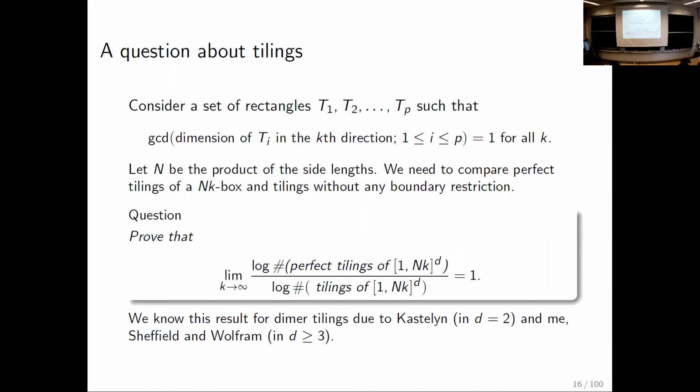You just look at boxes like these and you look at tilings by dimers. And now you want to compare the following two quantities. You want to look at tilings which are perfect, and you want to look at tilings which go over the boundary. A perfect tiling is one in which, so I have this box, I can do 2 kinds of tiling. So I can look at tiling like this.